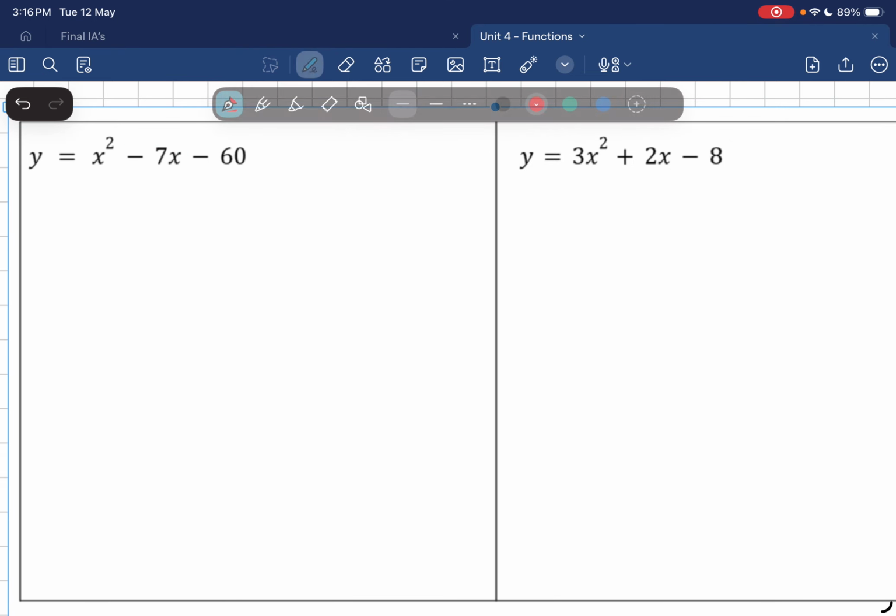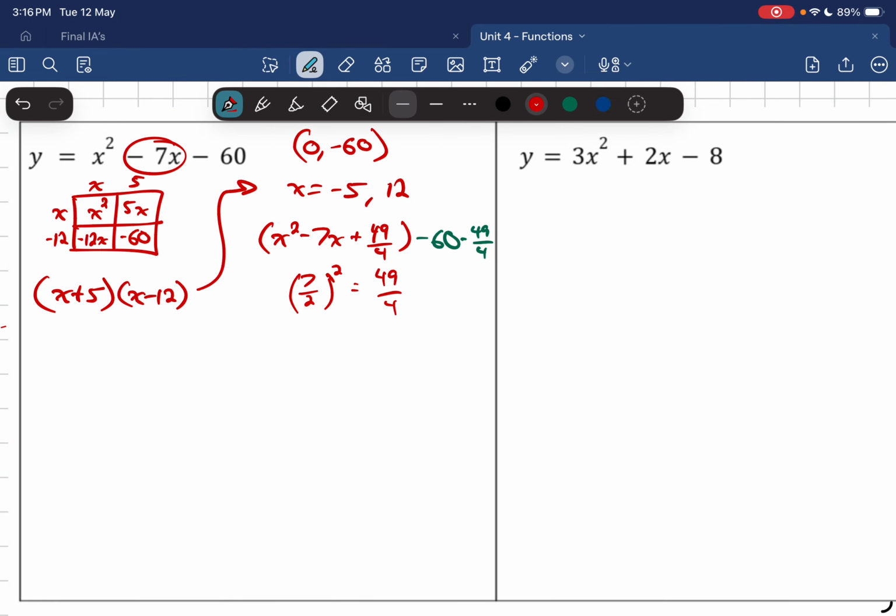That's going to give me x minus 7 over 2 whole squared. Now the trick is that this term here is always going to be b divided by 2 before I square it. I don't want to think about whatever b divided by 2 squared is; that's what I ended up adding here.